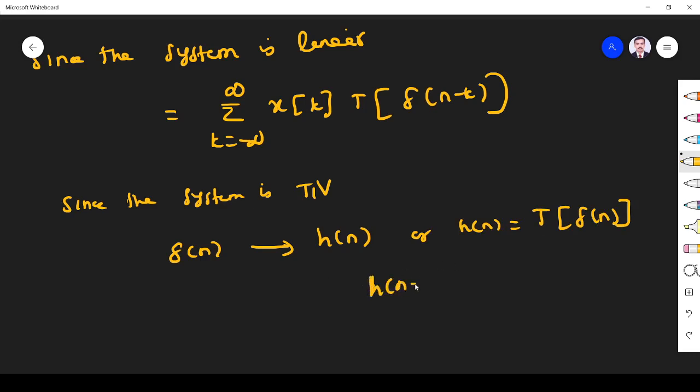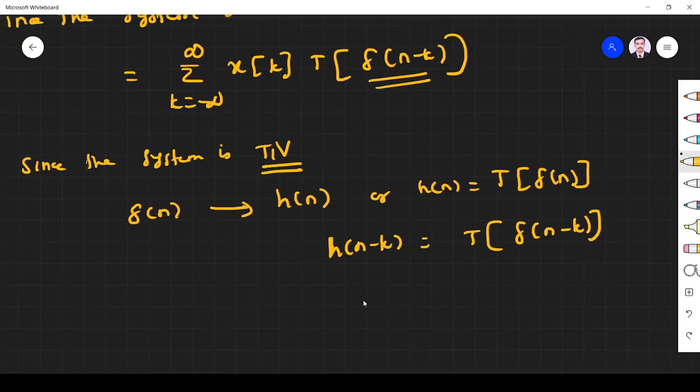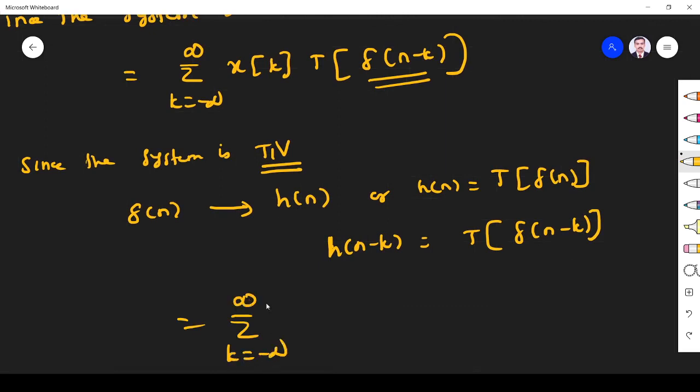For a time invariant system, if input is shifted by k units, what will happen to output? Output will also be shifted by k units. That's what a time invariant system is. So here you see input is shifted by k units. So transformation of del of n minus k is, output will also be shifted by k units. So summation k goes to minus infinity to plus infinity, x of k h of n minus k. This is what our output is.